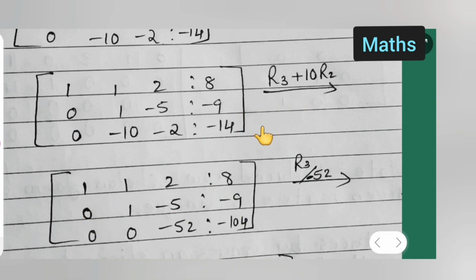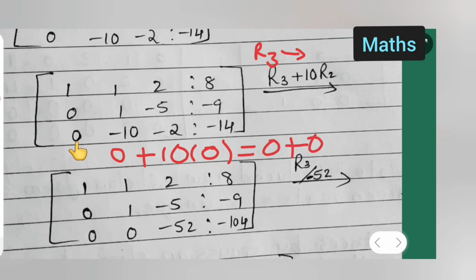Okay, I am changing only R3. So this is from R3. R3 is what? 0 plus 10 times 0 will give you nothing but 0 plus 0, which is equal to 0, right?